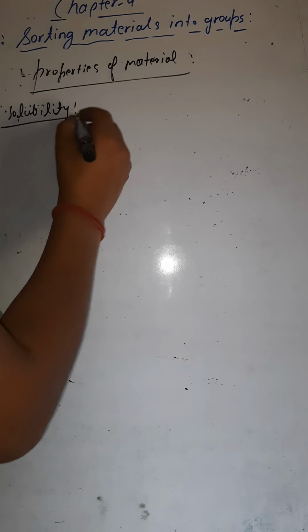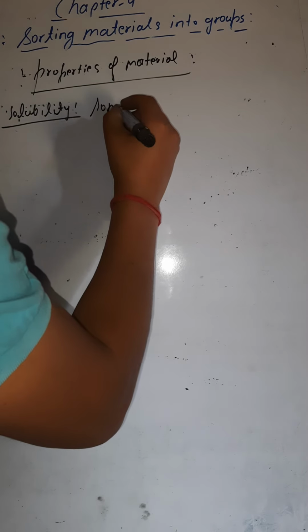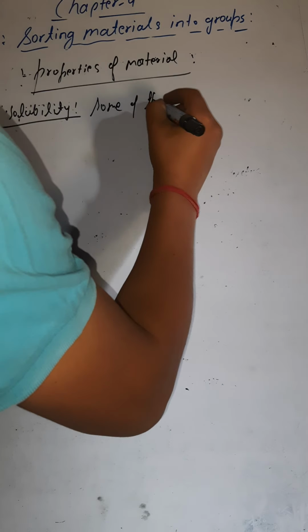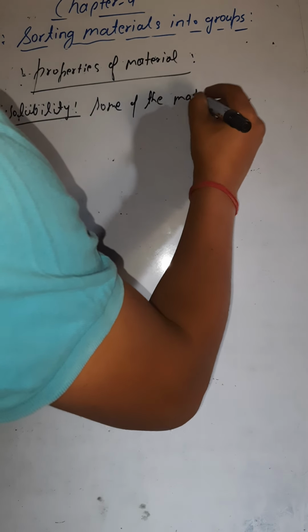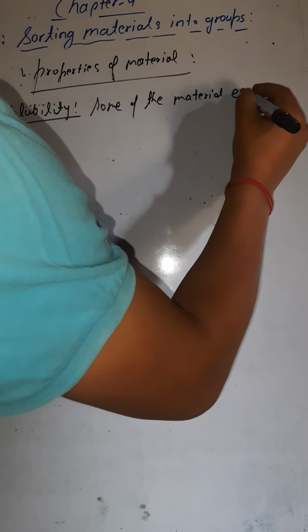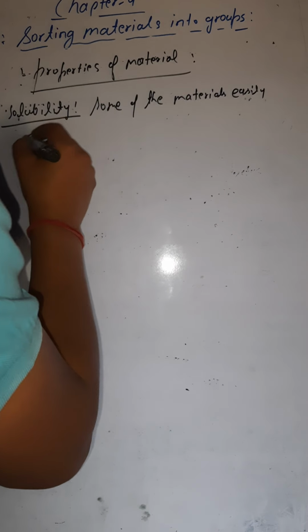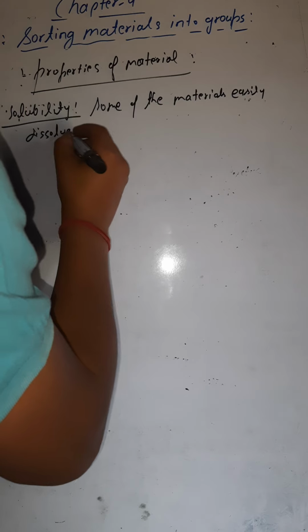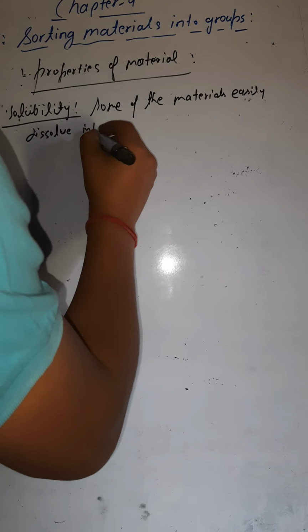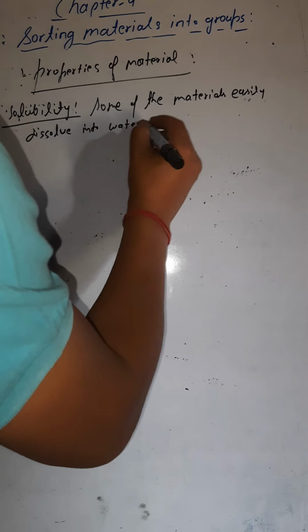Solubility means that something can easily be dissolved in different liquids. I would just be talking about water here. Some of the materials easily dissolve into water.